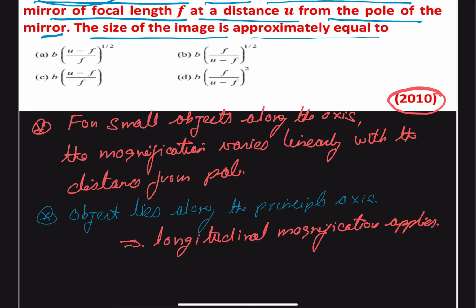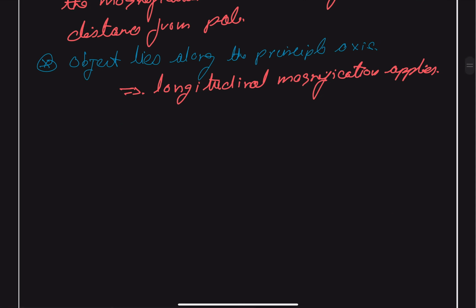And we can write that formula, that longitudinal magnification, that is m, is approximately equal to v upon u whole square. And we also know that 1 upon f is equal to 1 upon v plus 1 upon u. So from here we can write v will be equal to uf divided by u minus f.